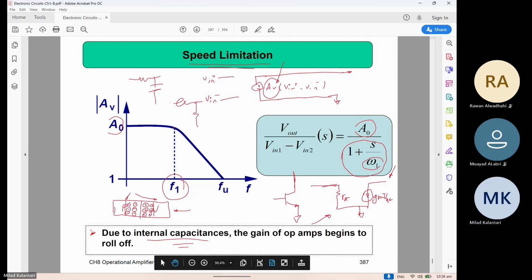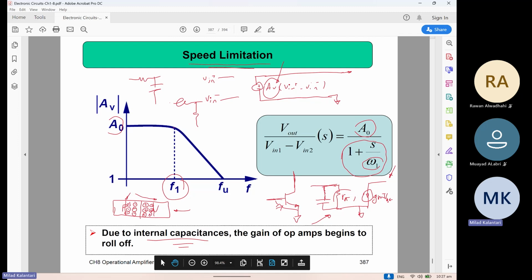The base emitter of the device is a junction, a diode. So other than the R pi, it has some parasitic capacitor, right? We just ignored it at the beginning.